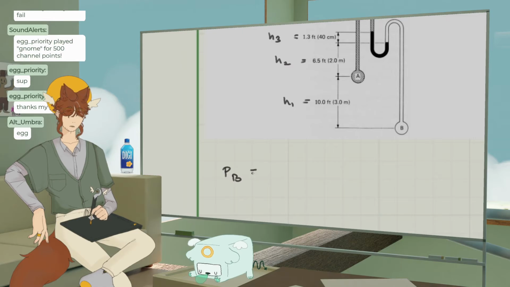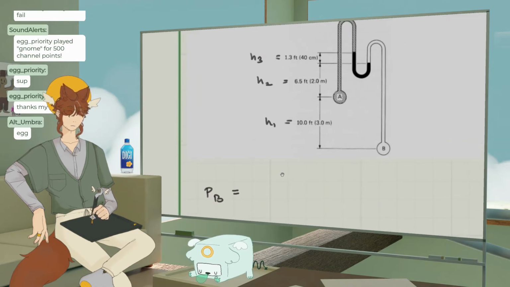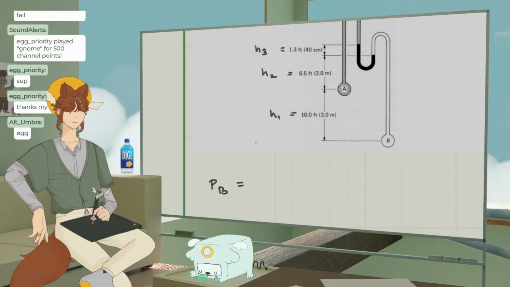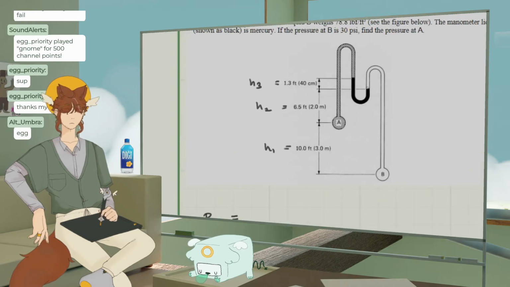The pressure at B is going to equal... What is it going to equal? Well, it's going to equal the pressure here, which is... I guess I should probably give these points names. This is 8.5. 8.25. 8.5.